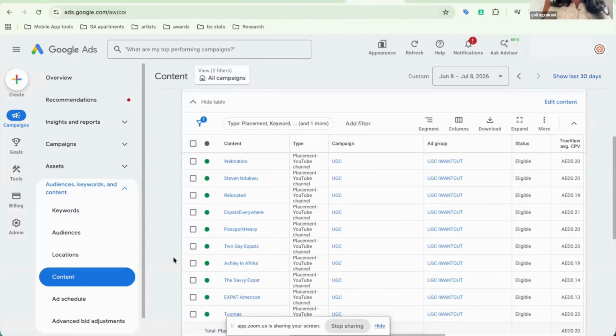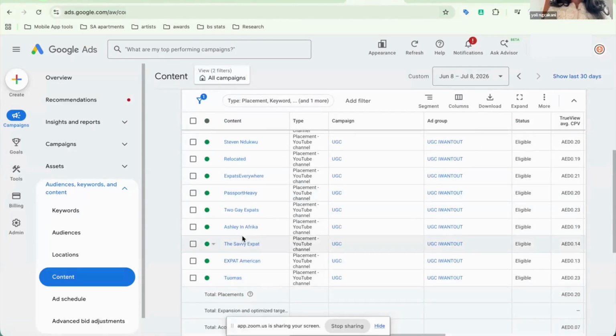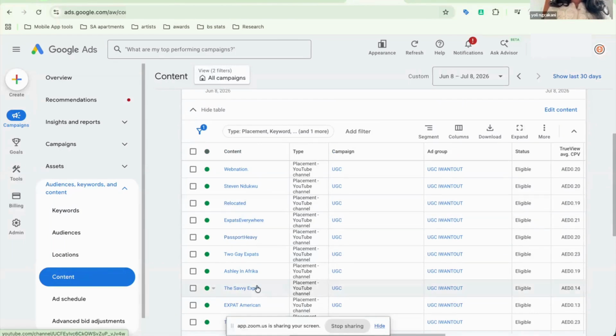Channels like Expats Everywhere, Passport Heavy, Ashley in Africa, Savvy Expat, Expat American, Relocated. I was running those UGC ads, and you can see that the CPV is about 0.20 dirhams.